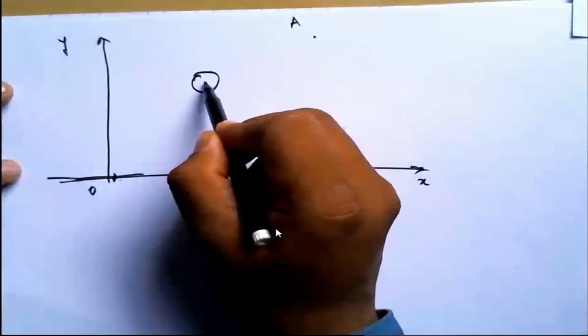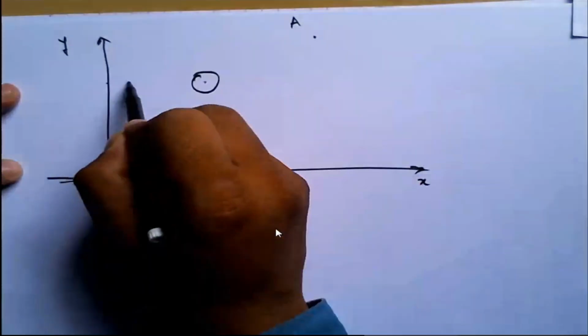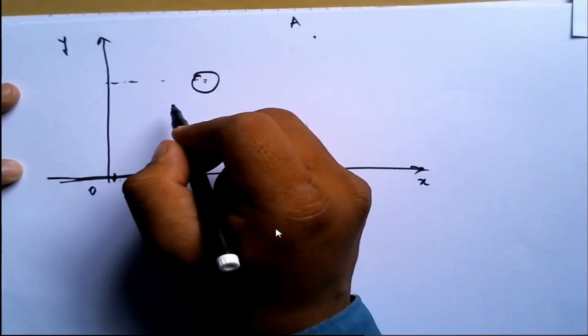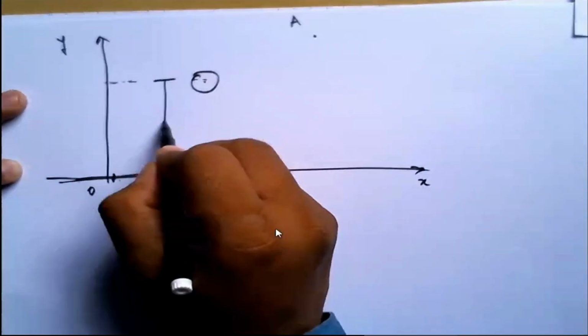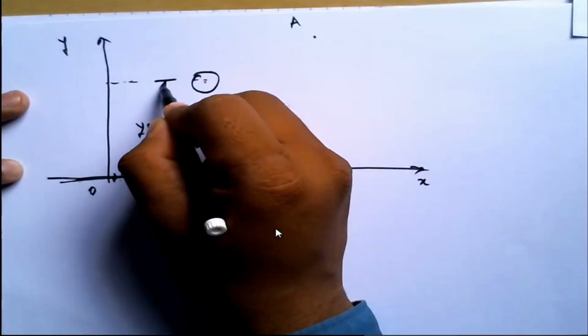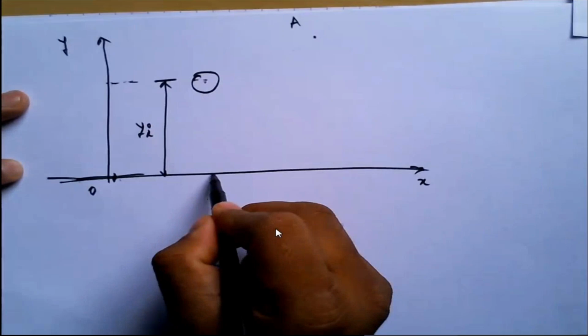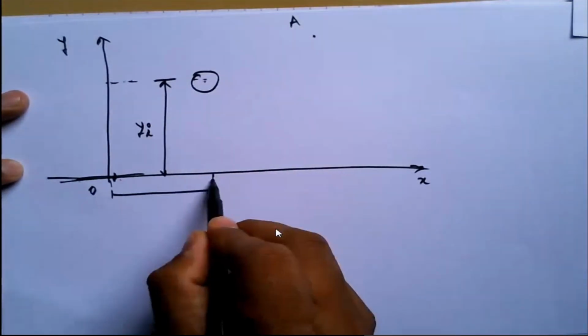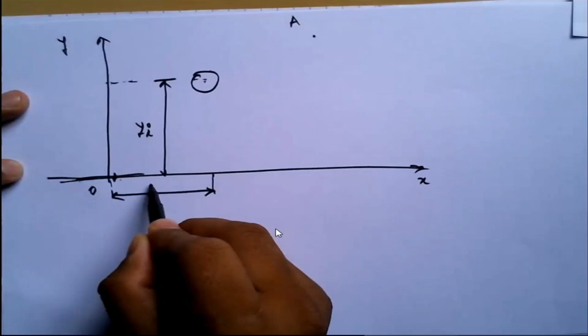This conductor, त्याची जी height आहे ही आहे yi. Okay, असं म्हणूयात की जी height आहे या कंडक्टरची from x-axis it is yi, and this distance of this conductor from origin, it is equal to xi.